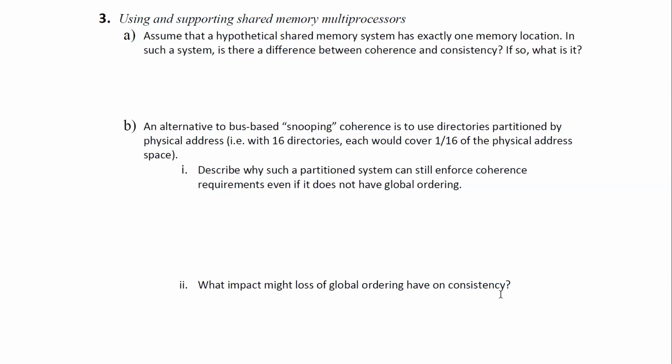Whereas with consistency, as soon as you have multiple locations in memory, you might see different places observe different orderings among when those updates occurred, and you may no longer have a singular logical point in time that everyone can agree has actually happened. This is a challenge you start to get into with consistency modeling. You have to go out of your way and do a little extra work to get some sort of global ordering on all events. It's not naturally there just by enforcing the coherence on each of the locations.